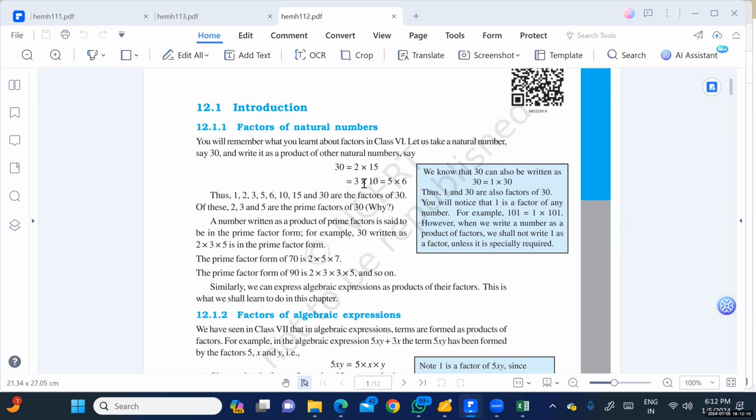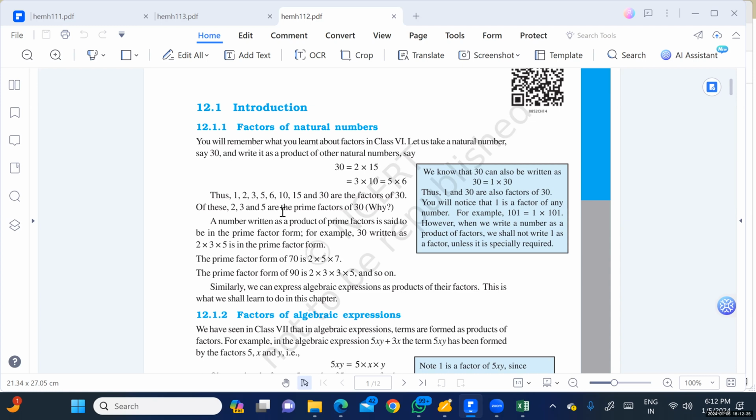We are further breaking this, or we get 3 into 10, or 5 into 6. And we keep on breaking them until we are not able to further break the number. Now 1, 2, 3, 5, 6, 10, 15, 30 are the factors of 30.